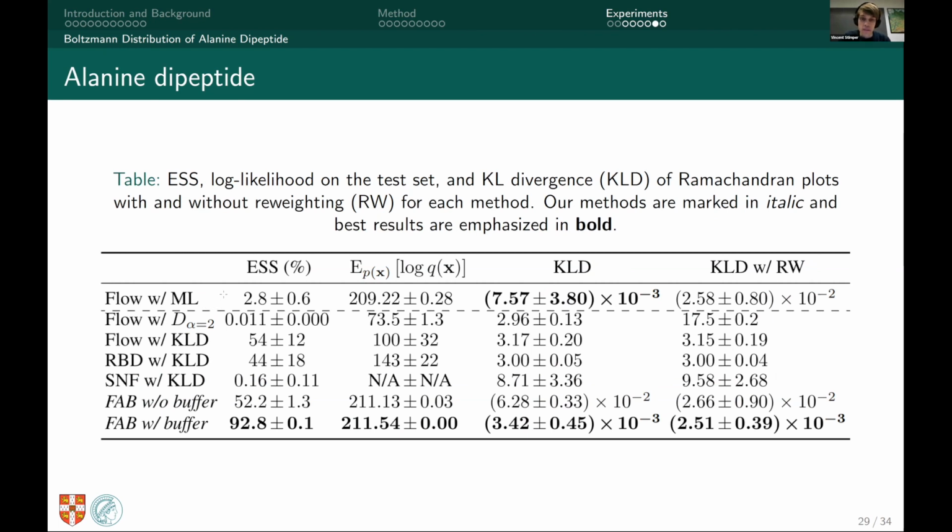Let's talk some numbers here. One very important metric that is typically considered, which Laurence already briefly mentioned, is the so-called effective sample size. Roughly speaking, if you draw a batch of samples and compute the importance weights, it could be the case that the importance weights are all basically the same.